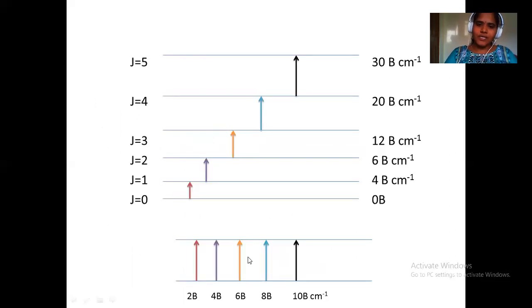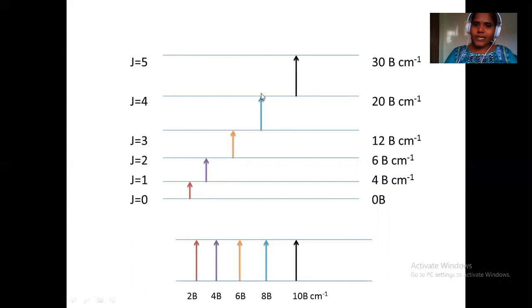Here I just represented the transition from one level to the other level. If a molecule is there at this level and we try to jump here, the gap is 2B, so I'll get a peak at 2B. If the transition is from 1 to 2, then the gap between these two levels is 4B, so you will get a peak at 4B, and then at 6B, and then at 8B, and then at 10B.